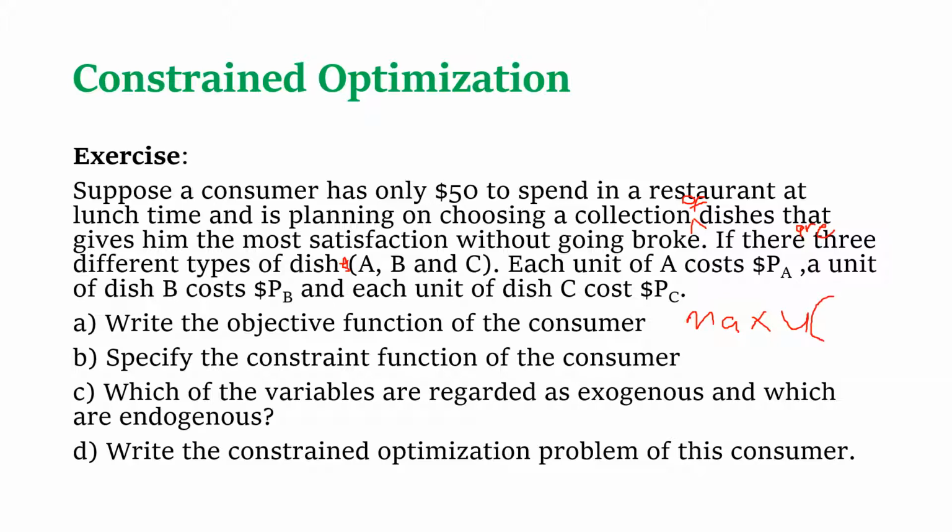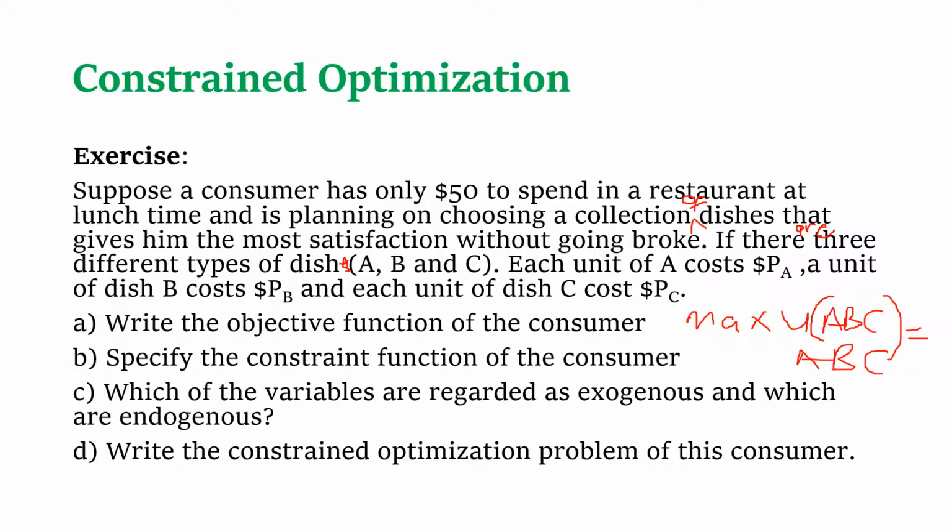And I am faced with three dishes, A, B, C. You have to write them like this: utility is a function of A, B, and C. So that is your objective function. That's the first part. It's done.